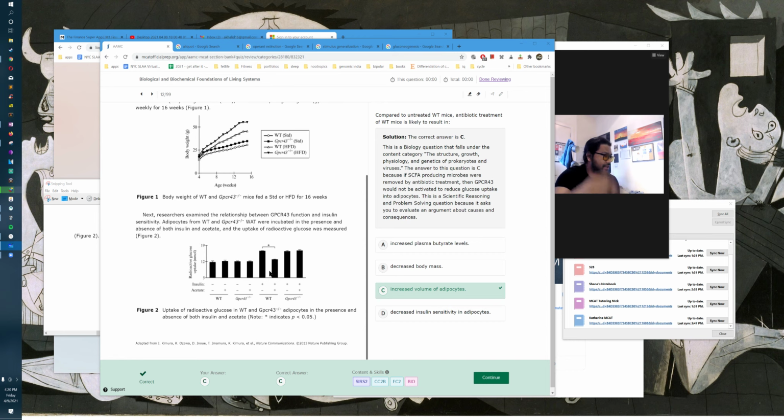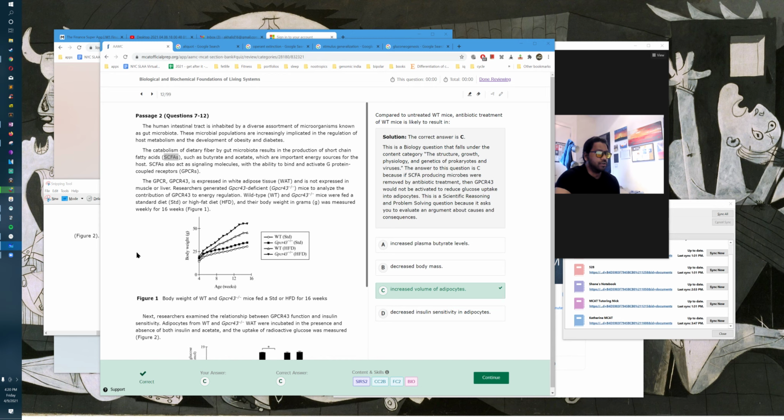So if we block the making of acetate, there should be more uptake, right? And therefore increased insulin sensitivity, right? Oh yeah, that's true. And C is the only one that says you're getting fatter. So it should be C.